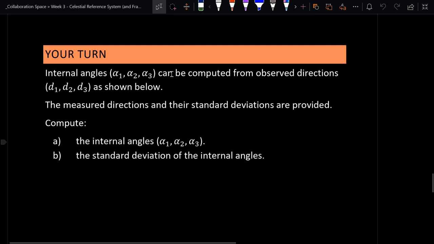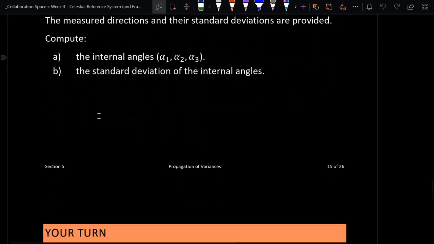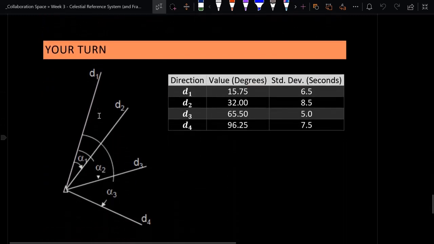We're going to compute three internal angles from four observed directions. Our task is to compute the internal angles and then to compute their standard deviations.